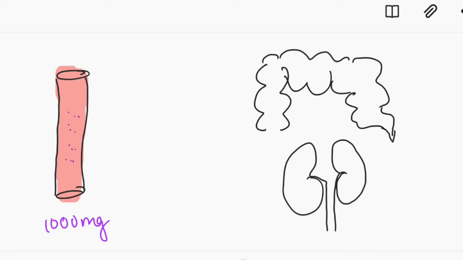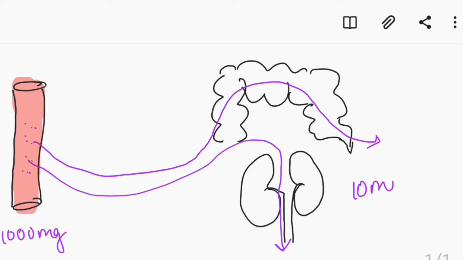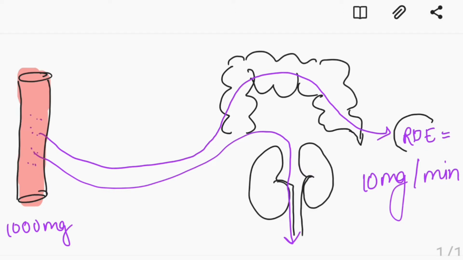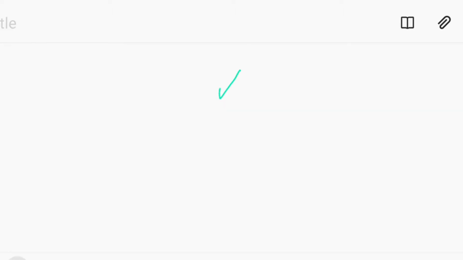So, how much of this drug is cleared in 1 minute will tell us what is the rate of elimination. Let's say 10 milligrams of this drug clears from various routes of elimination in 1 minute. So the rate of elimination for this drug equals 10 milligrams per minute. And order tells us how this rate is related with the concentration of the drug in plasma.